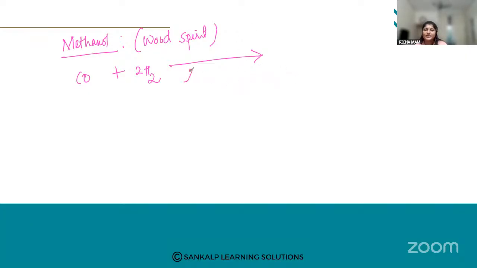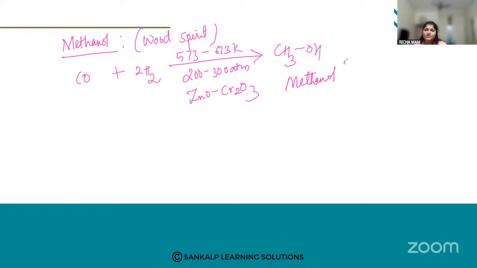The pressure is maintained at 200 to 300 atmospheres, and the temperature is also very high, 573 to 673 Kelvin. A catalyst is used, that is ZnO and Cr2O3. I am going to get the alcohol methanol, known as the wood spirit.